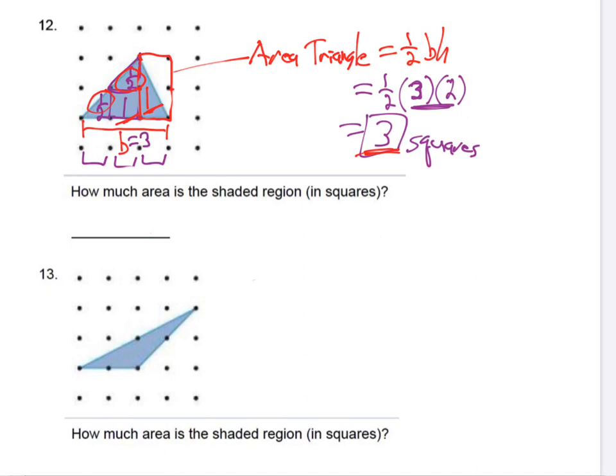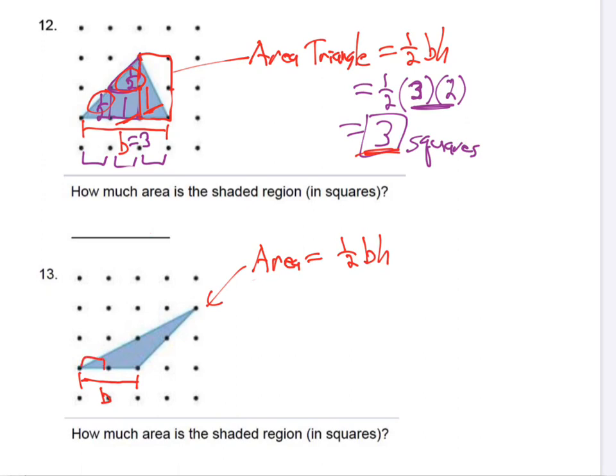Let's look at number 13 in the same way down here. It's a triangle. And so the area of a triangle is a half times base times height. So the base is right there. And the base must be how many?